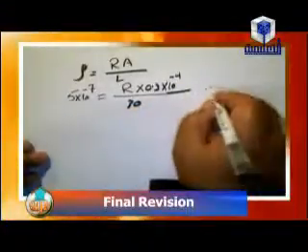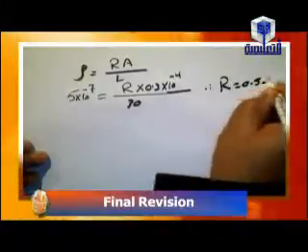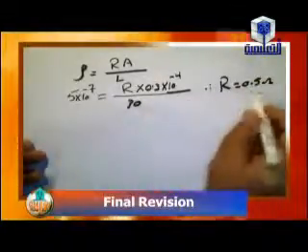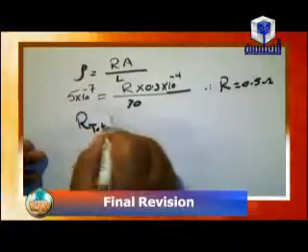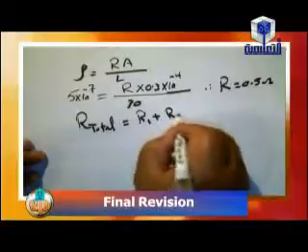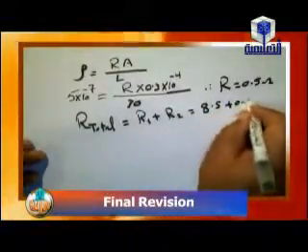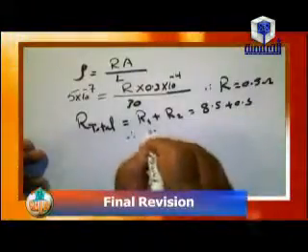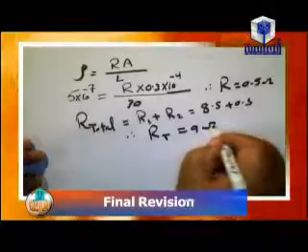Then R equals 0.5 ohm. The two wires are connected in series, so R total equals R1 plus R2. R1 equals 8.5 and R2 is equal to 0.5. Then the equivalent resistance is equal to 9 ohm.